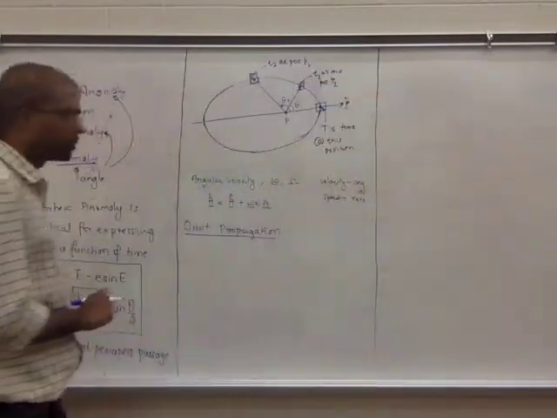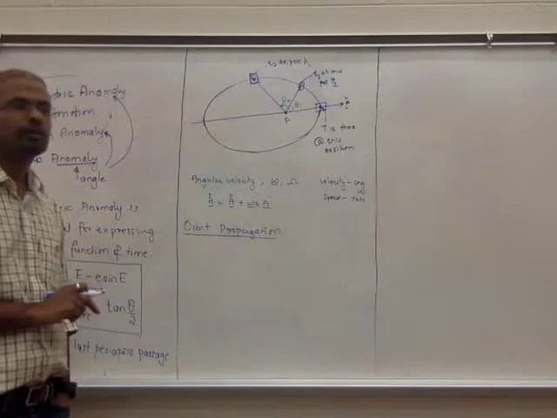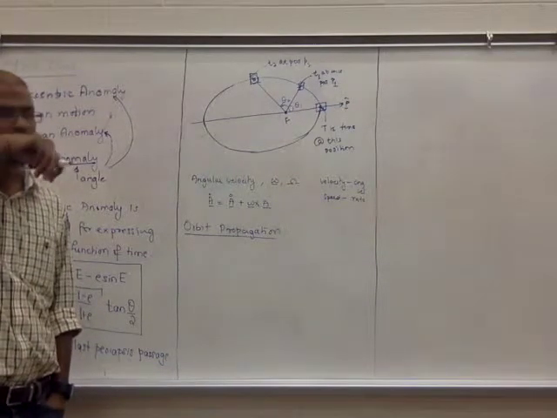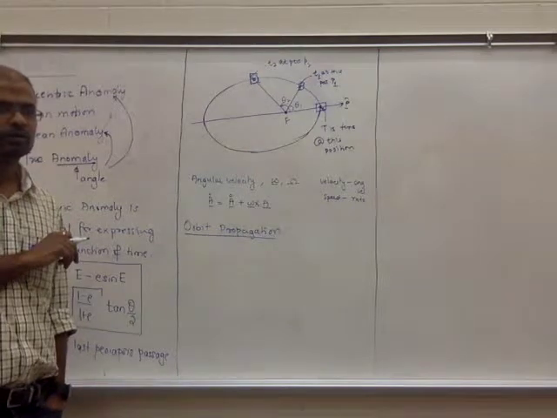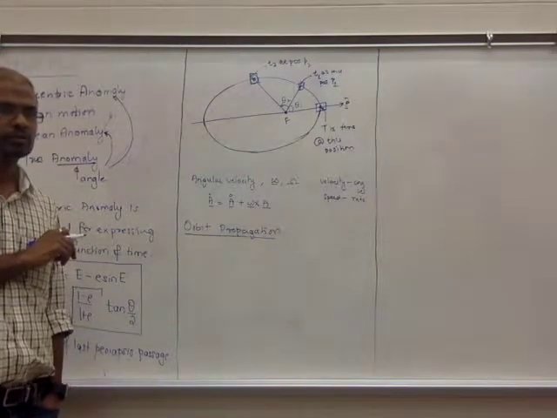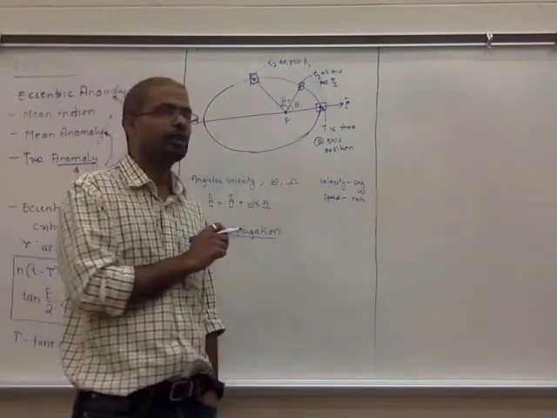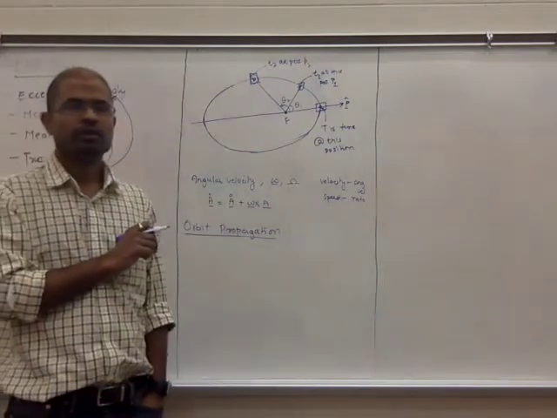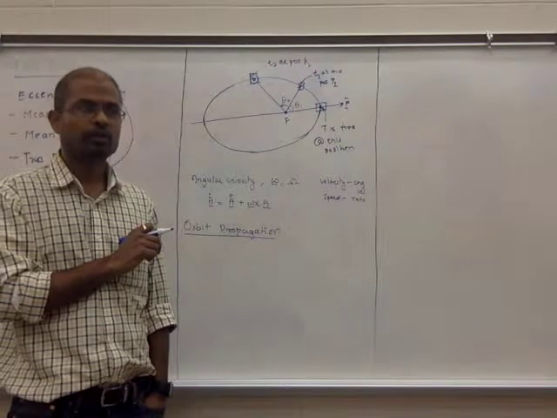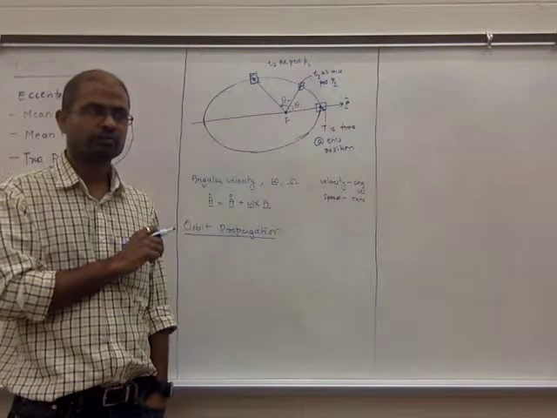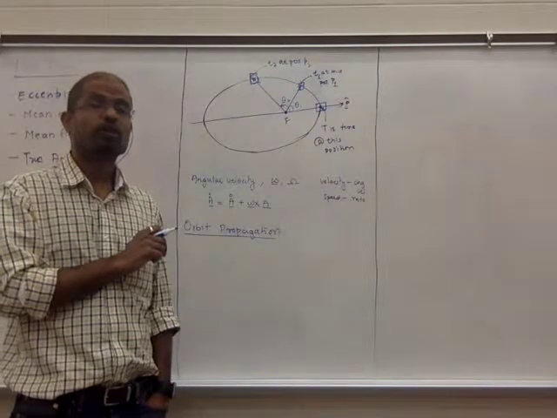When you do orbit propagation, did we do orbit determination? We did orbit determination actually. Given R and V, you were required to figure out the orbital elements, right? So that was orbit determination. So what is orbit propagation?